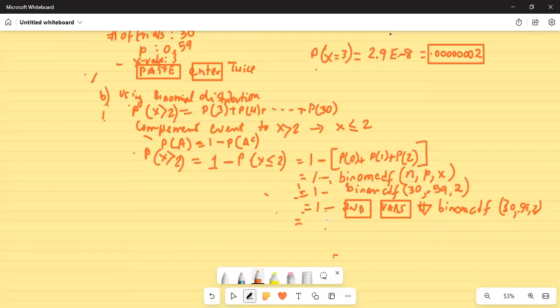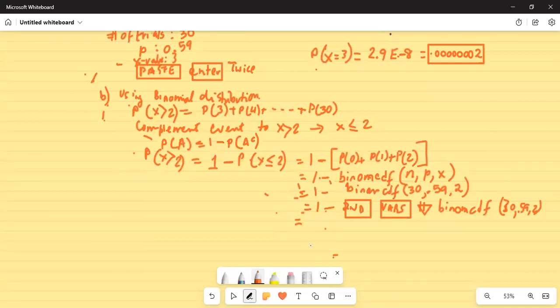Remember, CDF is used when we add probabilities from 0 up to a certain number. My number of trials is 30. My probability of success is 0.59, and I'm adding from 0 to 2. So my last X value is 2, which I enter in the calculator. Then I go to paste. Whenever we are on paste, we hit enter twice. And the answer is almost 1.